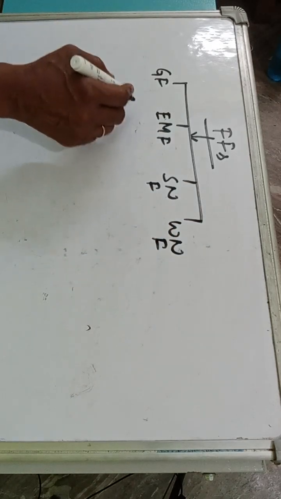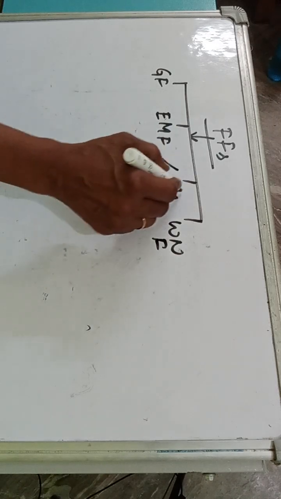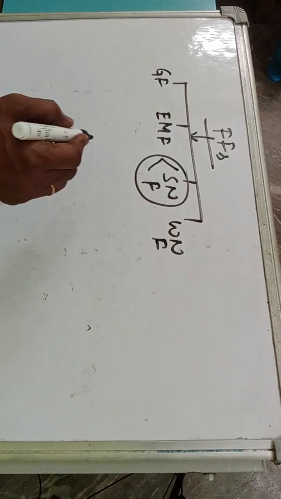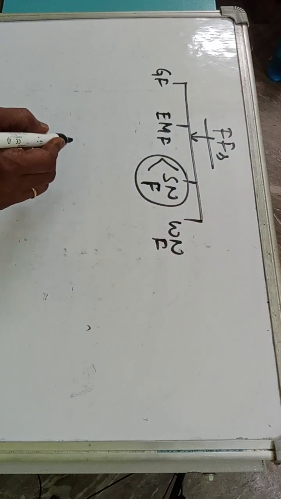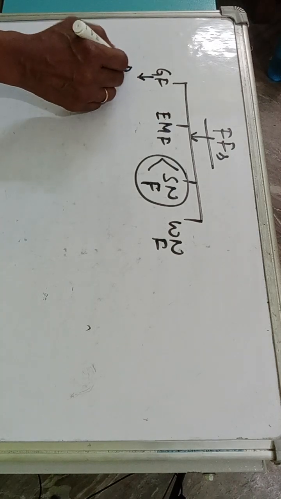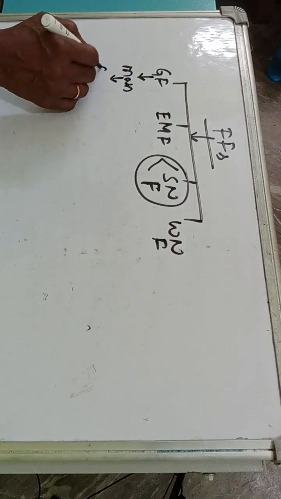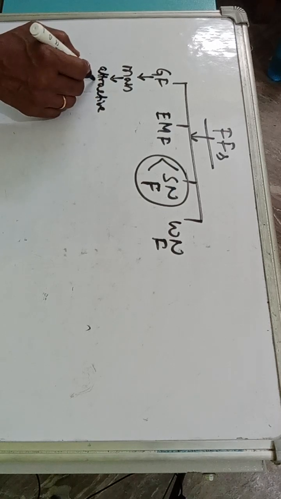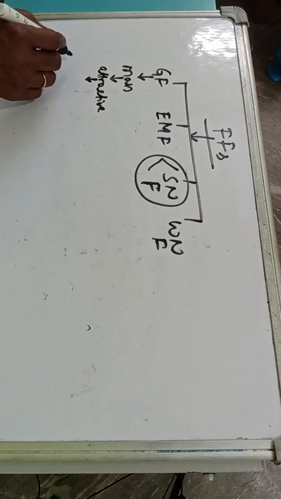Gravitational force arises due to the mass of objects, and it is always attractive in nature, and it does not require any intervening media.